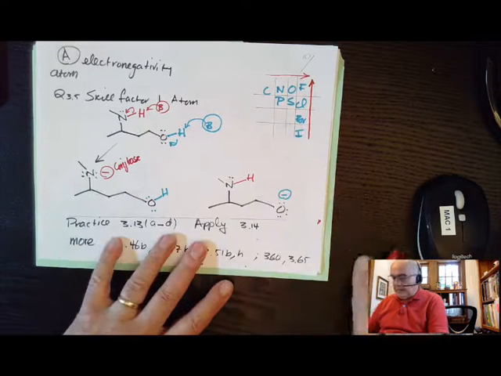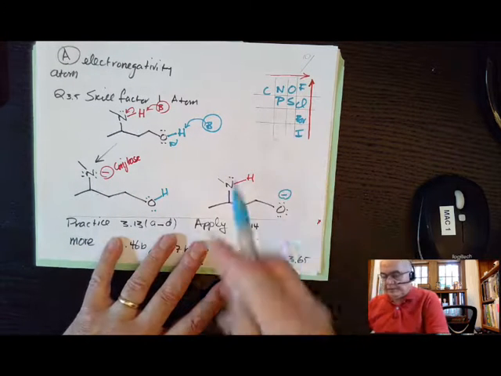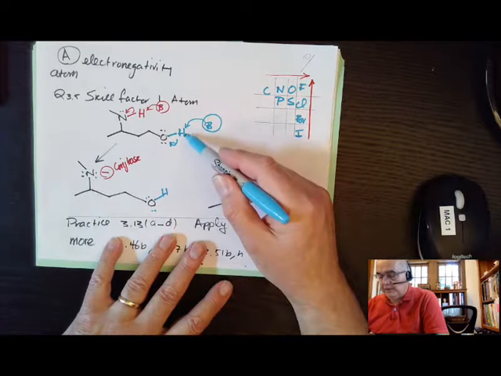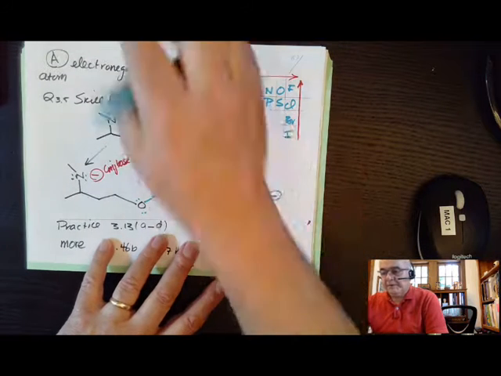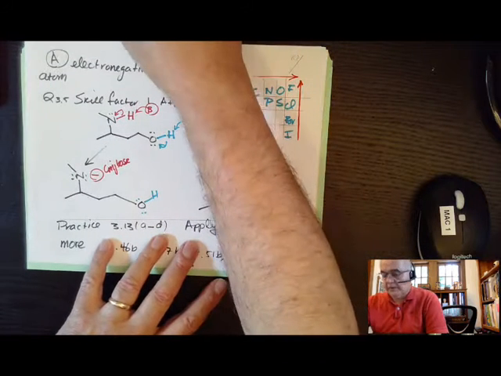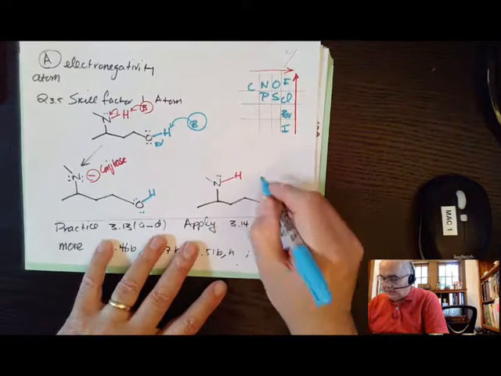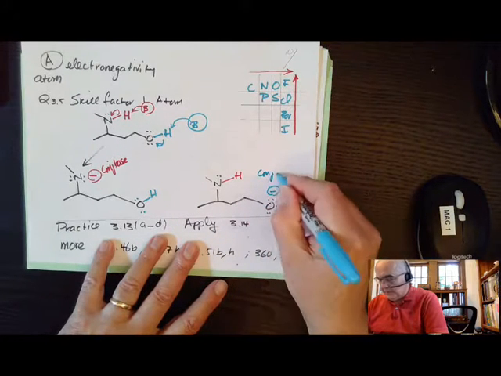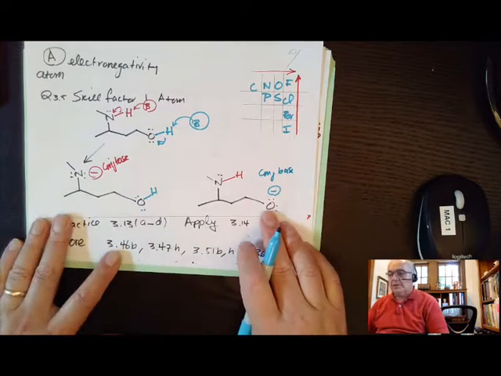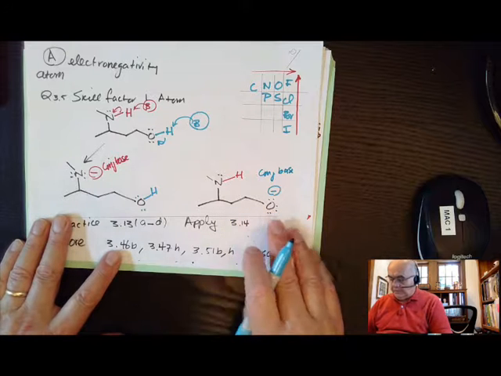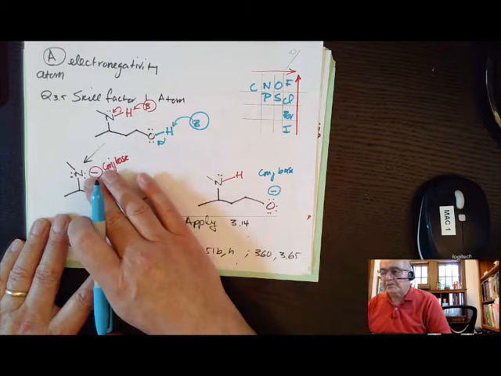Now if I take this hydrogen, or proton, I was calling it hydrogen but it should be proton, away, then this is my conjugate base here. So we have two conjugate bases: one is O negative, and one is N negative.